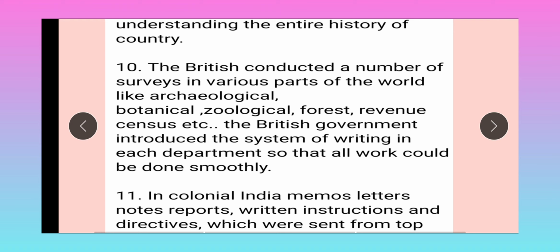The Britishers believed that whatever work they had to do, first they had to do surveys to get the basic information, and after that they could take any decision. For that, they also maintained the records, and attached record rooms in every government institution to do the work smoothly.